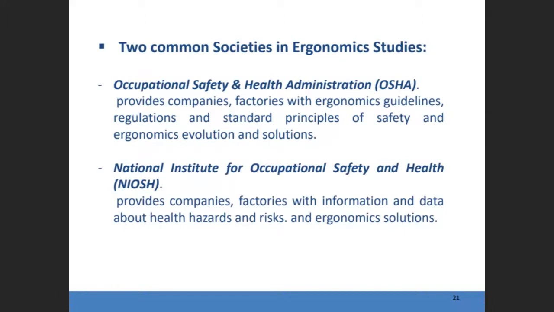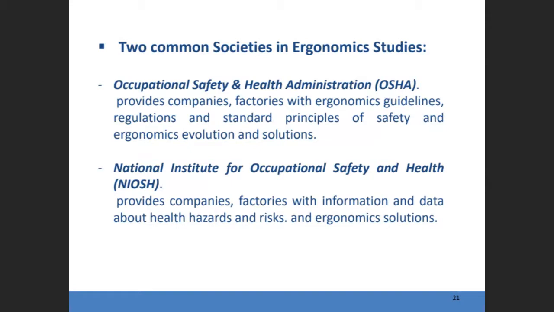But NIOSH focuses on the scientific field of occupational safety and how to move it forward. So it is research-oriented, focusing on developing occupational safety. OSHA is regulatory and legislative.